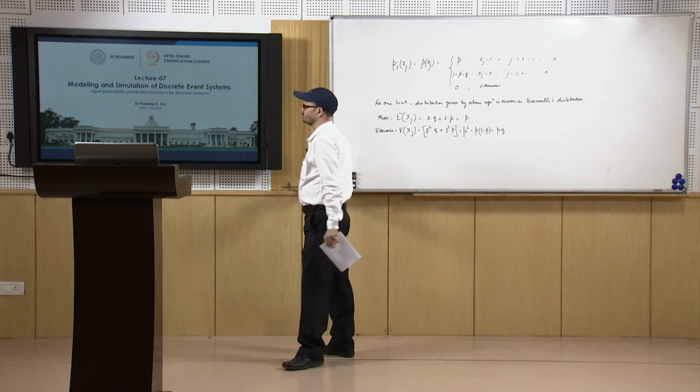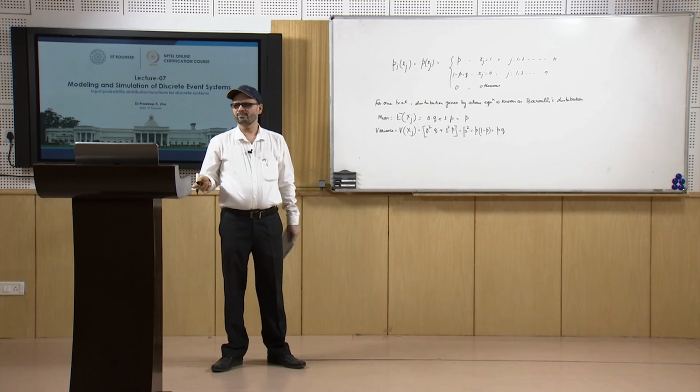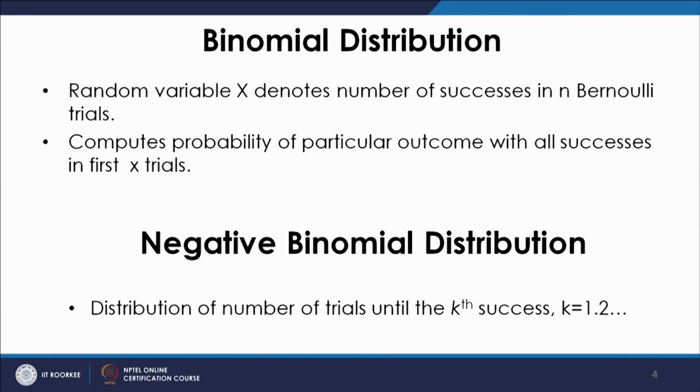Now, we will move to the next kind of distribution, the binomial distribution. In the binomial distribution, the random variable x denotes the number of successes in n Bernoulli trials.